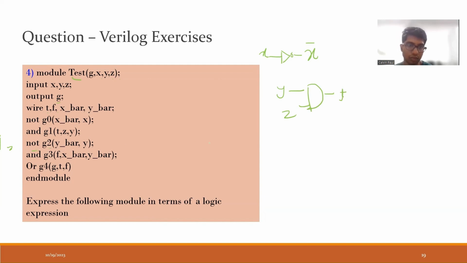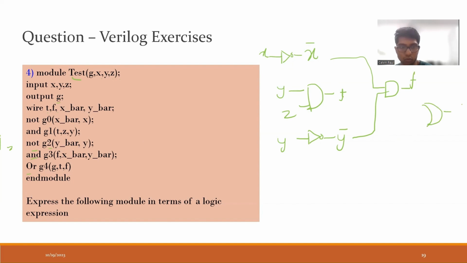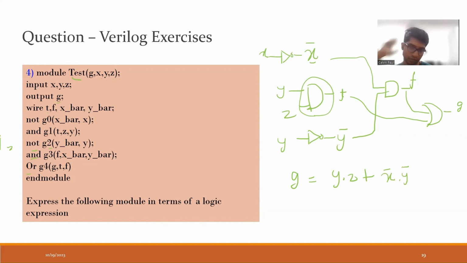Next is Y bar, which is not of Y. Then I have the AND of X bar and Y bar, which gives F. Then I have an OR gate, output is G, inputs are T and F. So my effective G can be represented as Y and Z, plus X bar and Y bar.